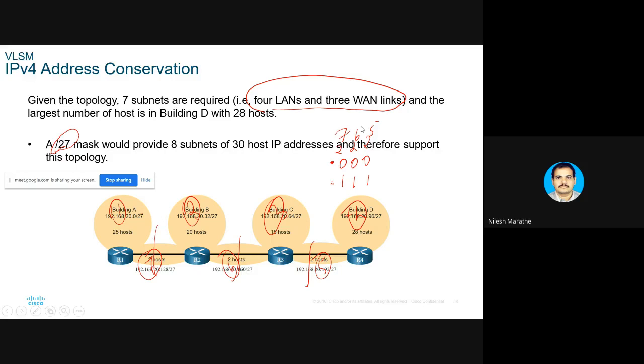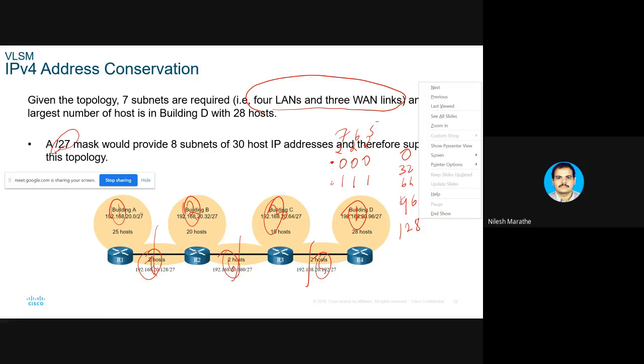Yes or no? So it starts from 0, then 32, 64, then 96. Is it understood? 3 bits.